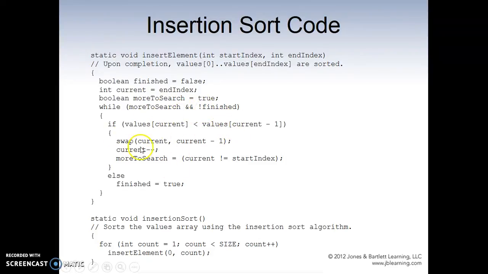If it is less, swap it and reduce the current. Then we get another loop to compare the one before it, until there is no more to search.